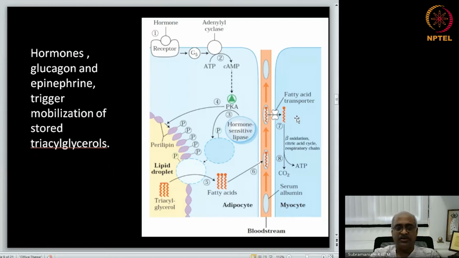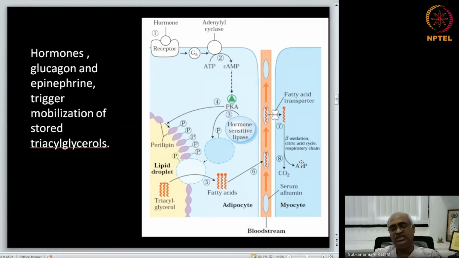There it is going to undergo beta oxidation, which we will discuss in the next class, at the end of which you will get acetyl-CoA. And that acetyl-CoA via the citric acid cycle will produce the reducing equivalents NADH and also FADH2, when succinate dehydrogenase works, and ATP by substrate level phosphorylation also is there.